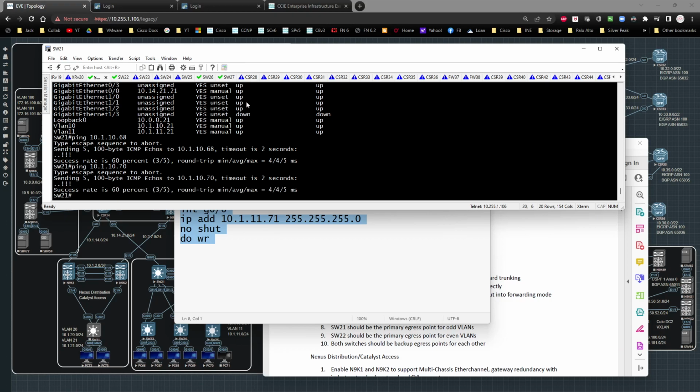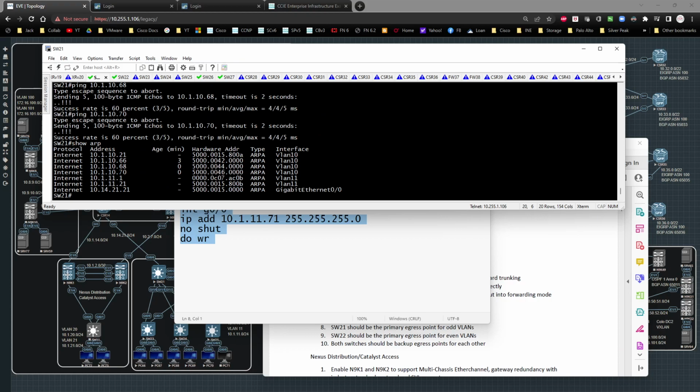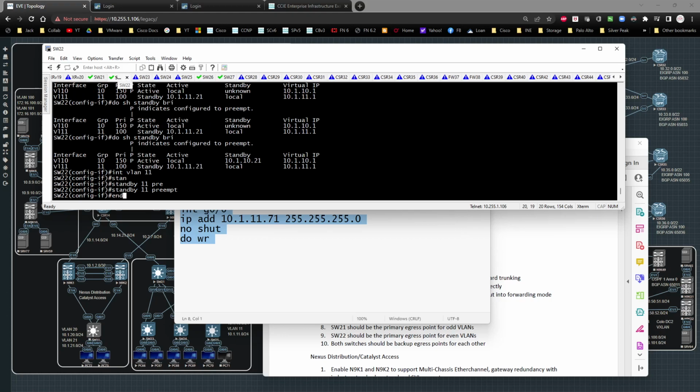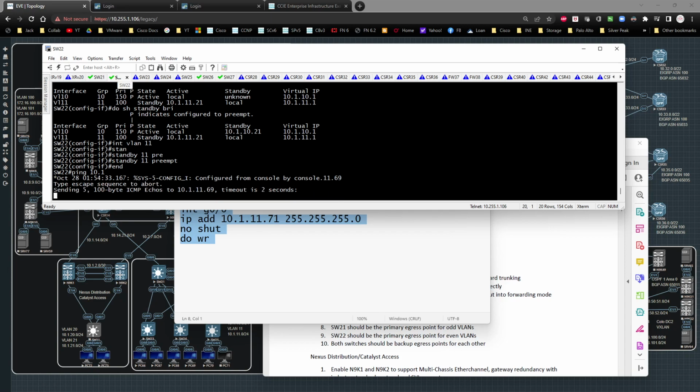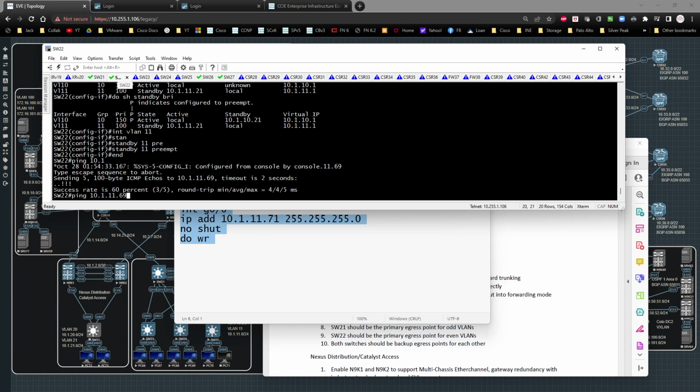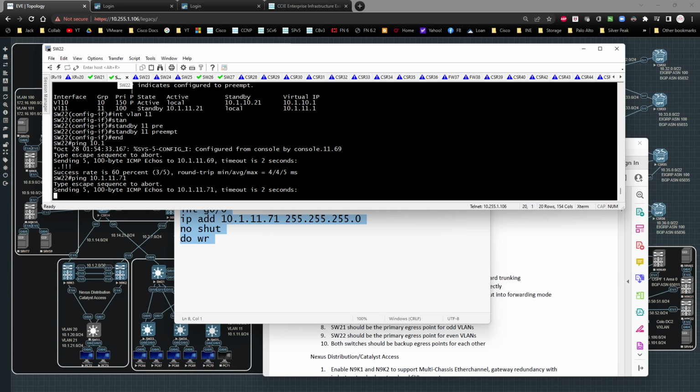And if I do a show ARP, I can see stuff showing up in my ARP table, which is awesome to see. And then switch 22, same thing. If I do a ping 10.1.11.69, there it goes, and then 71, just like that.